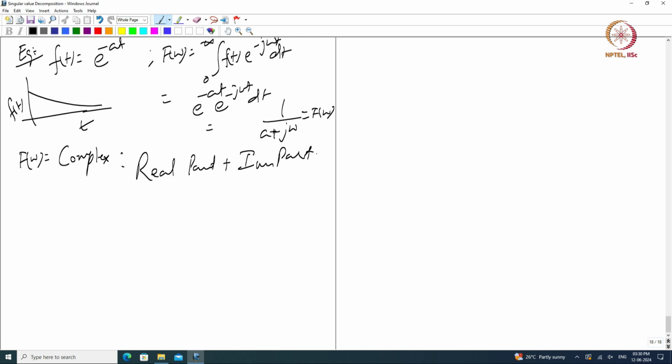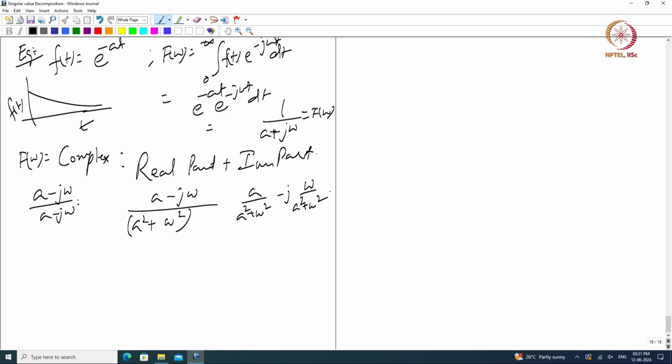So, what do you do when you have a complex representation? Complex representation is normalized. Multiply and divide by a minus j omega, you are going to get a minus j omega divided by a squared plus omega squared. So, you have a real part, a over a squared plus omega squared, minus j omega over a squared plus omega squared. Now, this is again real and imaginary part, I can find the magnitude.